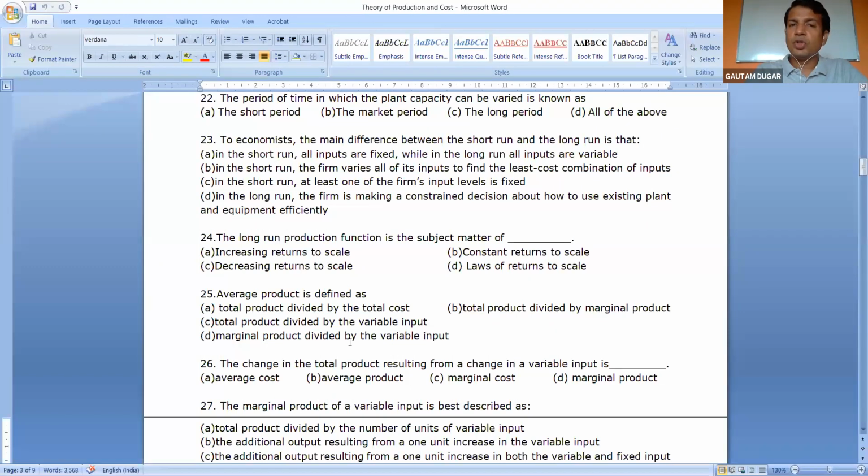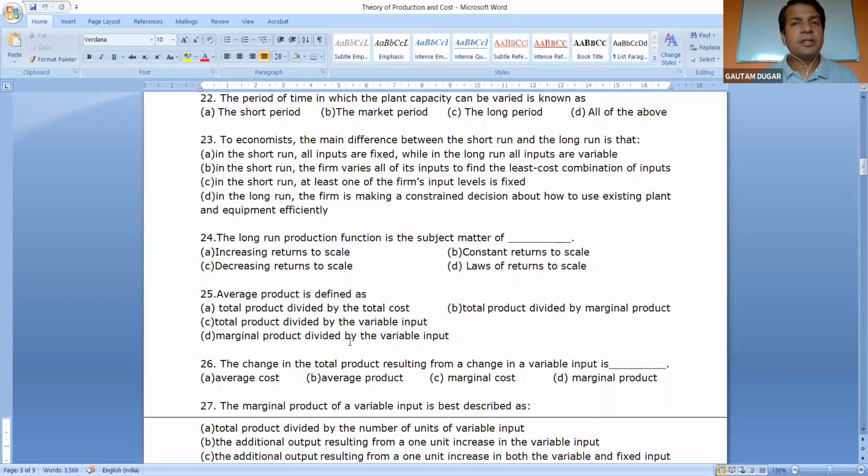Total product refers to total output produced by employing the variable factors of production. Average product is total product divided by quantity of the variable factor. Total product divided by quantity of the variable factor of production. That is average product.